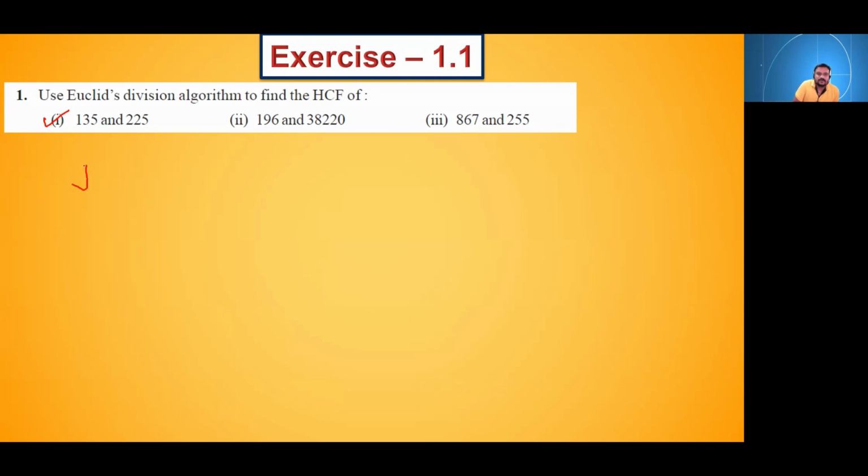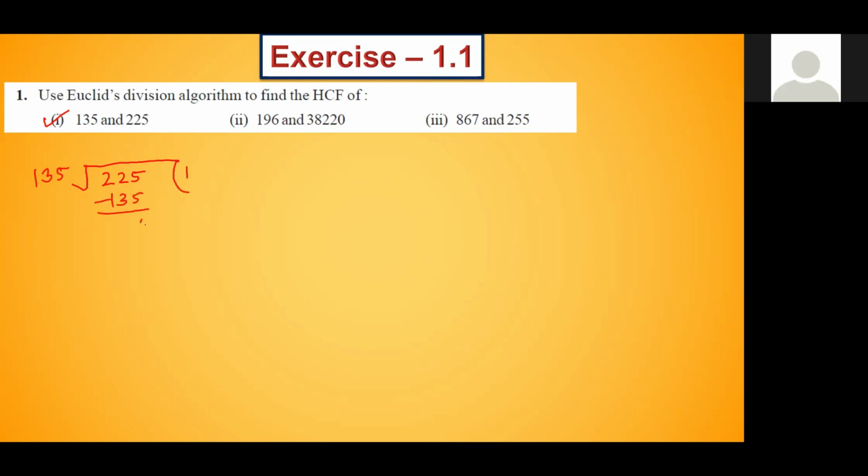Find out the HCF of 135 and 225. You can use the long division method. 225 will come inside, 135 will come outside. If we divide it, 1 is 135, minus, here it will come 0, 7 plus 1, 8. Now this will be my new divisor and 135 will come here. 1 is 80. So 20 plus 30, 55 will come here.